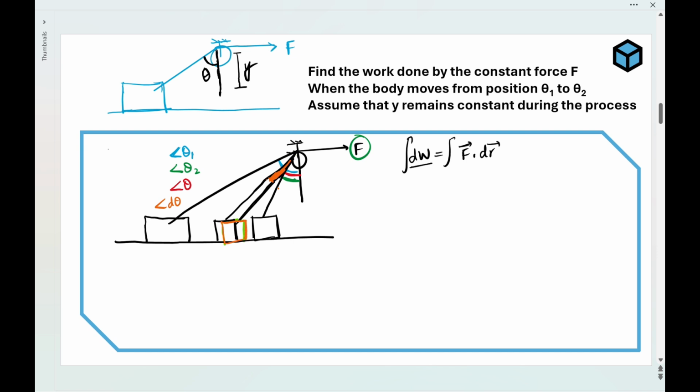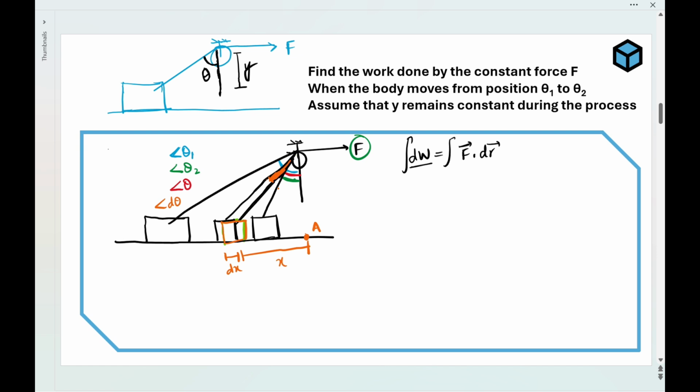So here is how this body moved, just a small distance. Let's say this is a distance x. X is the distance from this point A, which is vertically down of the pulley, to the instant point where the block is, and the block has moved some dx distance over here, and the angular position has changed with d theta.